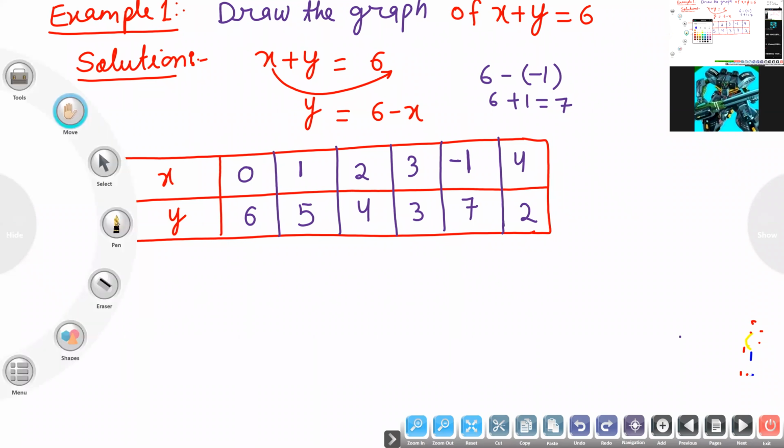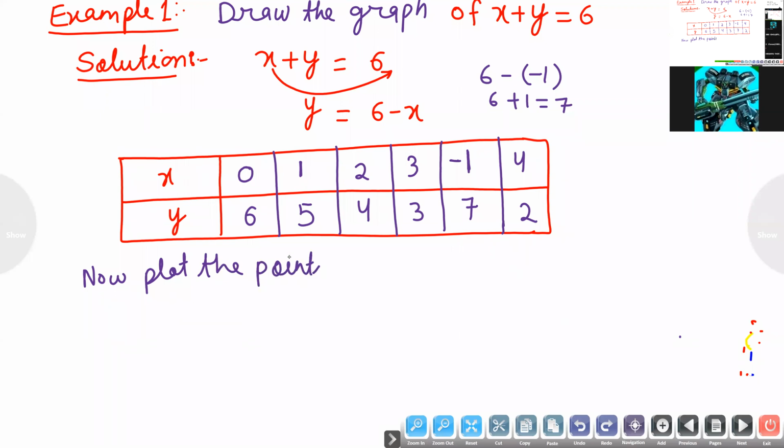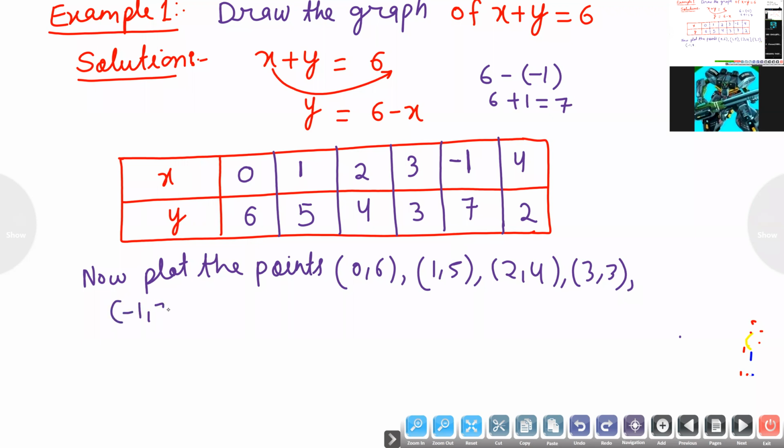Now plot the points: 0, 6; 1, 5; 2, 4; 3, 3; minus 1, 7; and 4, 2 on the graph paper.